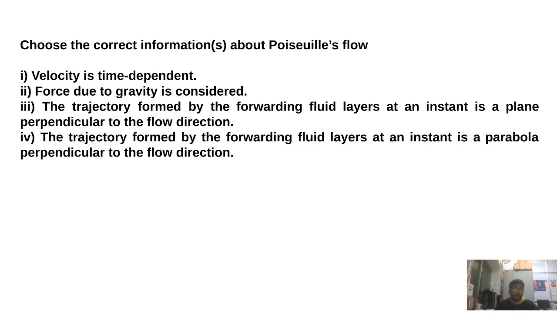Number 4 is correct. Basically, what happens in Poiseuille flow is these are viscous flows, right? The more we go in the middle of the container, the more the velocity is increasing.